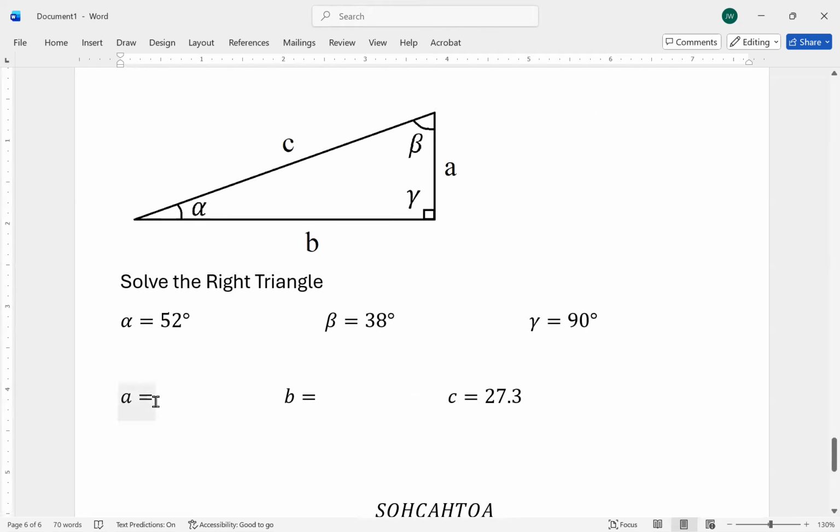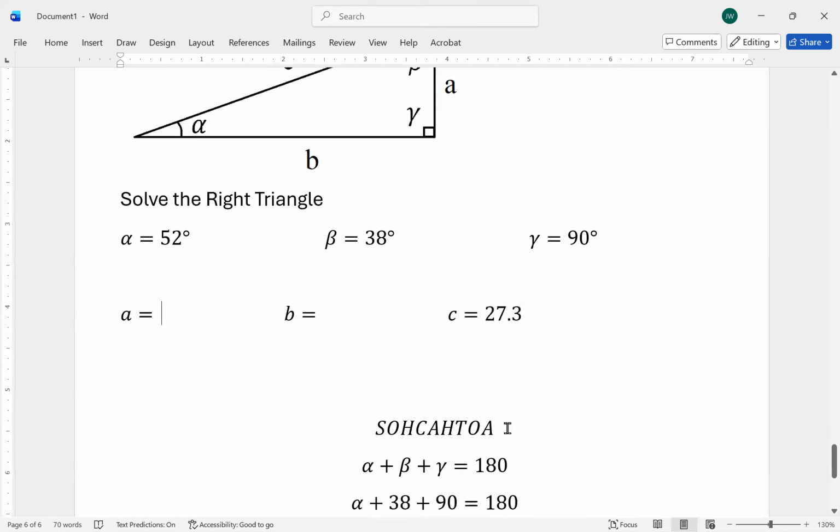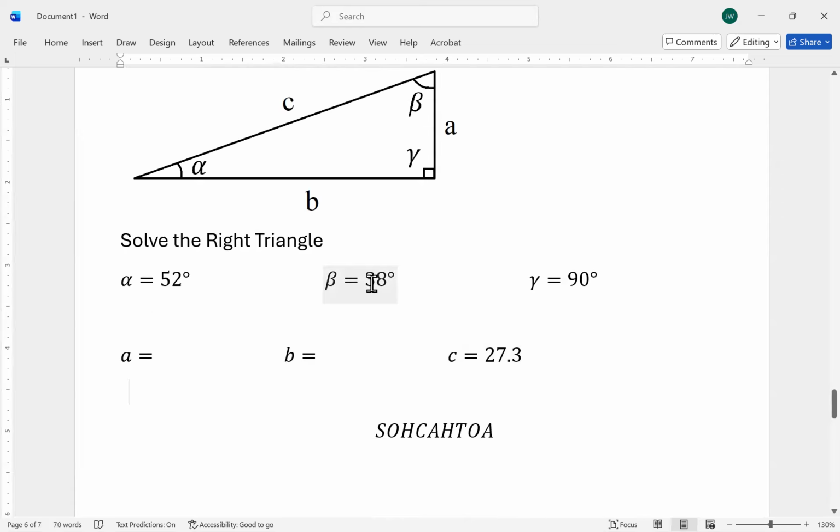Now I want to find A or B, and I'm given the length of C. I'm given the length of the hypotenuse. So now I'm going to use one of my SOHCAHTOA relationships. We can use the SOHCAHTOA relationships with alpha. We can use the SOHCAHTOA relationships with beta. But we have to use one of the ones which involves the hypotenuse.